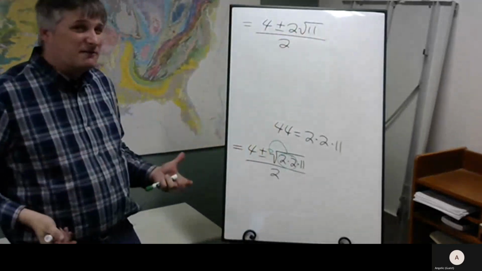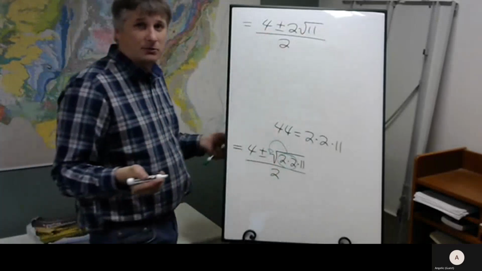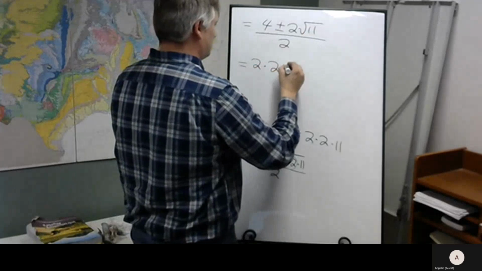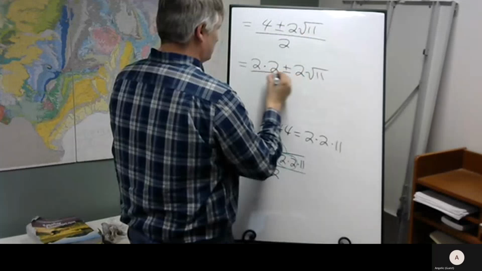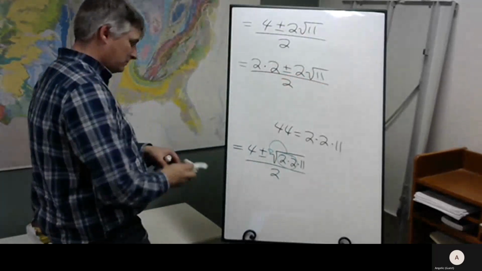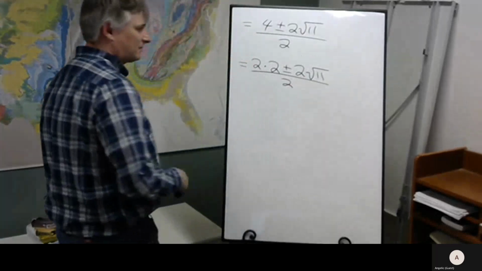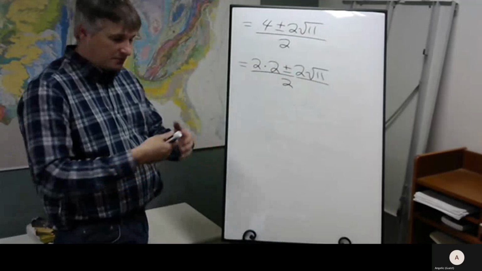So is there anything we can factor in the top? Well, 4, again, is 2 times 2. And sure enough, there's a 2 and a 2. We can factor out a 2.